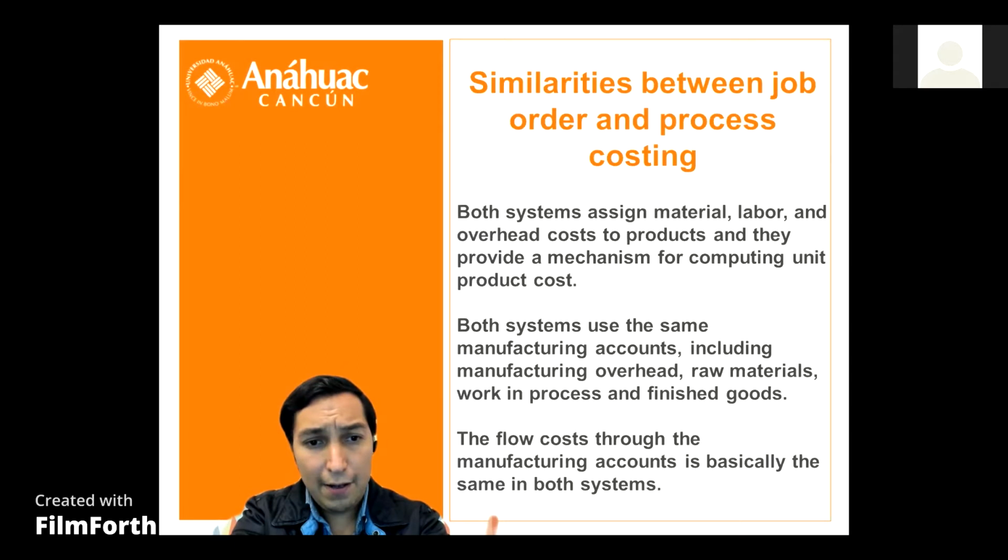Remember that materials, WIP, and finished goods are all types of inventory, which are in your balance sheet as part of your assets. But remember that MO is just a bucket and a bridge account, which you have to zero out at the end of the year, or at the end of the period.